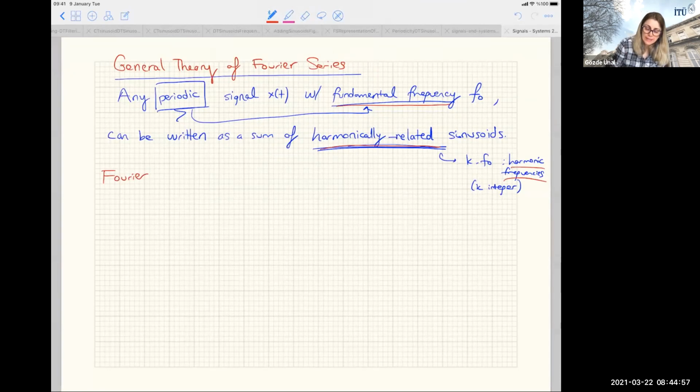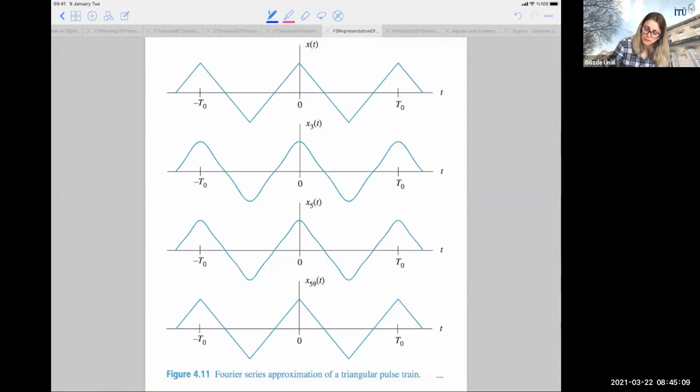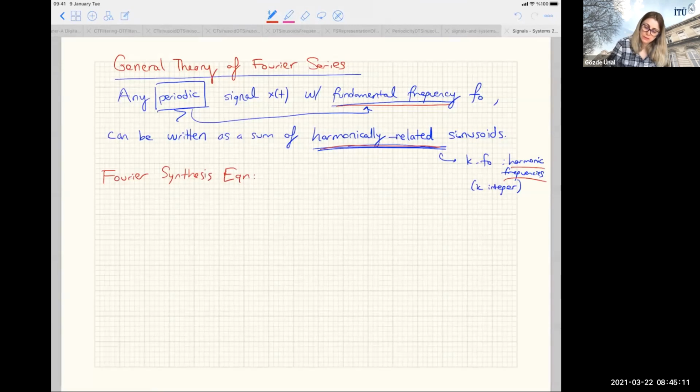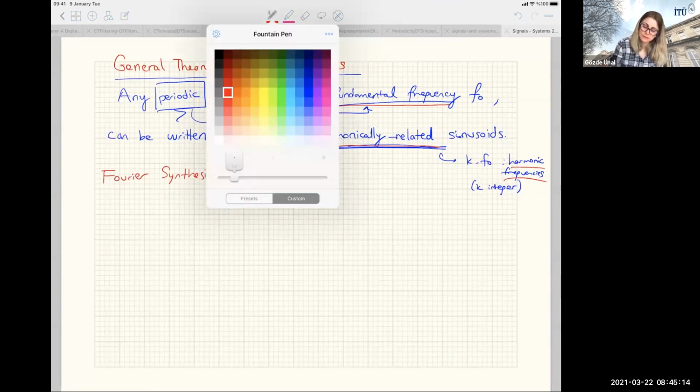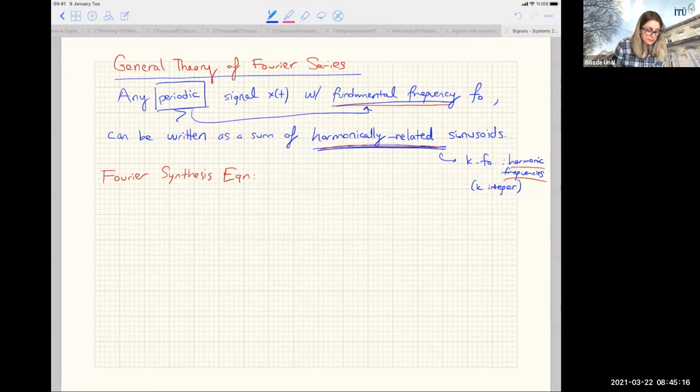Now we will say a Fourier representation or synthesis of a signal is really not surprising to you. This is the equation, the Fourier synthesis equation. Later I will show some signals to you. This is x of t equals the sum over k from minus infinity to infinity of a k, times e to the j 2 pi k f0 t.